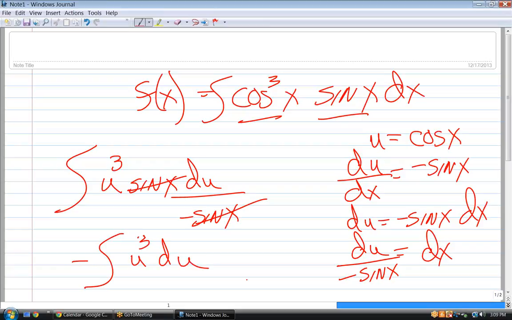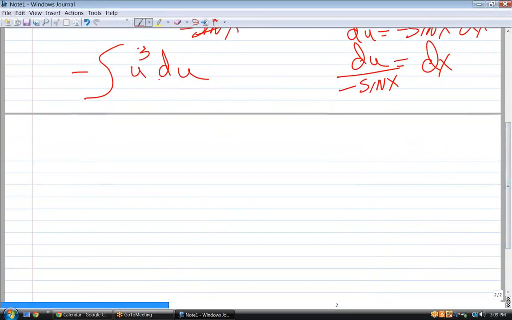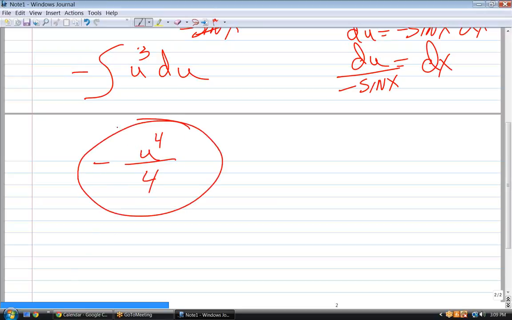Now I have a complete integral of u that I can easily integrate. What is the integral of u cubed? One fourth u to the fourth. Bring along that negative sign. So that's our answer.